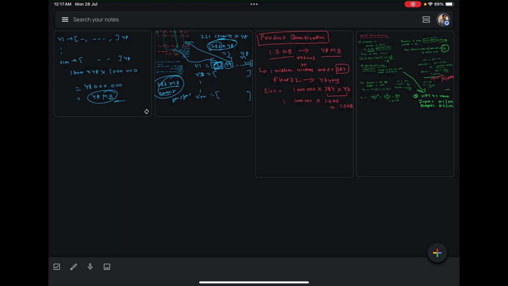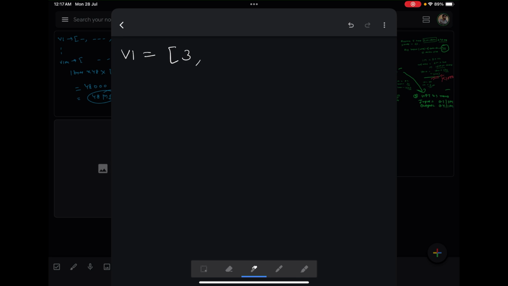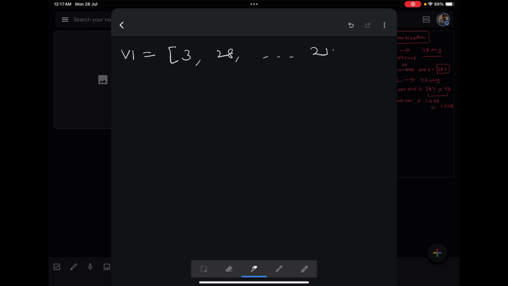Let me go over that concept again, because I think I have explained it in a rush. Let me see, if I have this number 28 up to 218, let me assume that this is my vector after transforming, and these are 48 numbers. Now how will I find what goes in place of this?